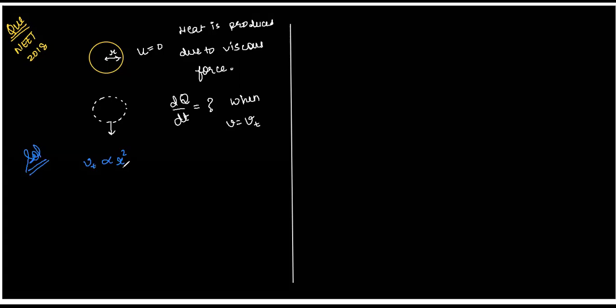Whenever there is some force acting on a body which is moving with velocity v, and there is some force F acting on this body, how is the value of instantaneous power given? We have read this in one of the classes.